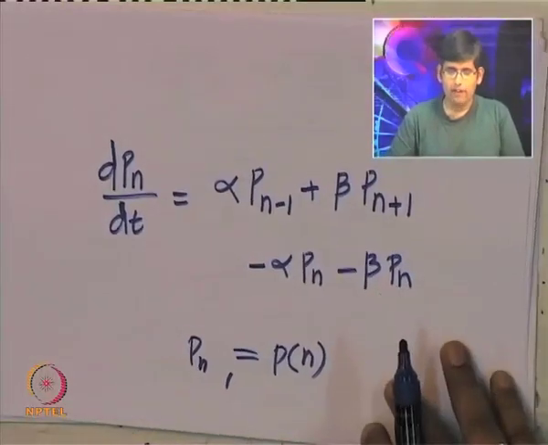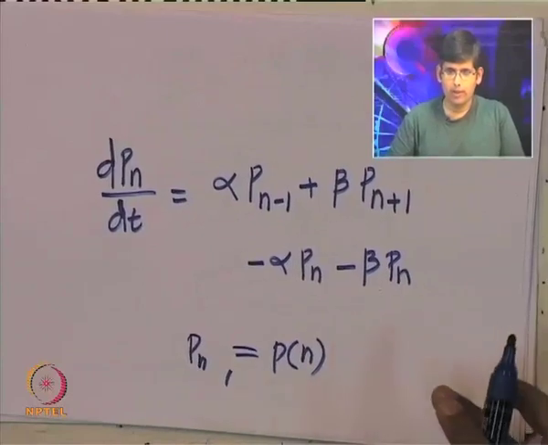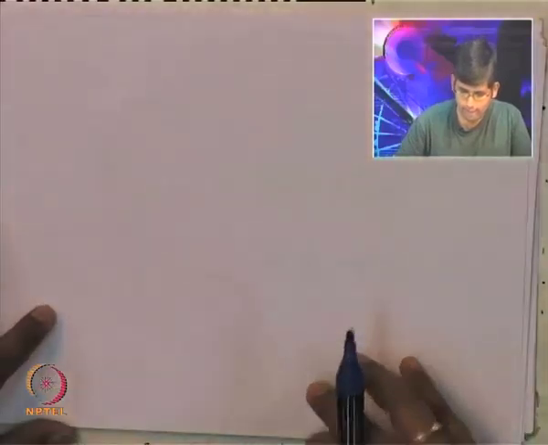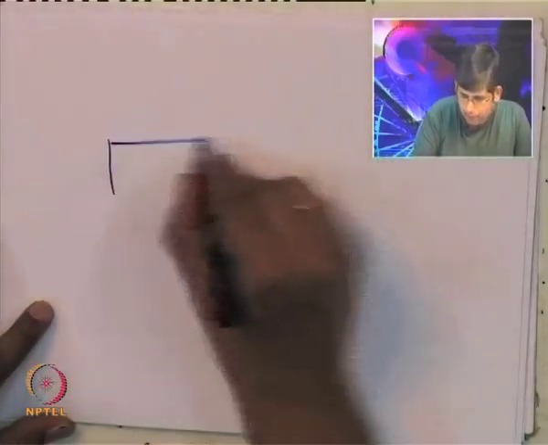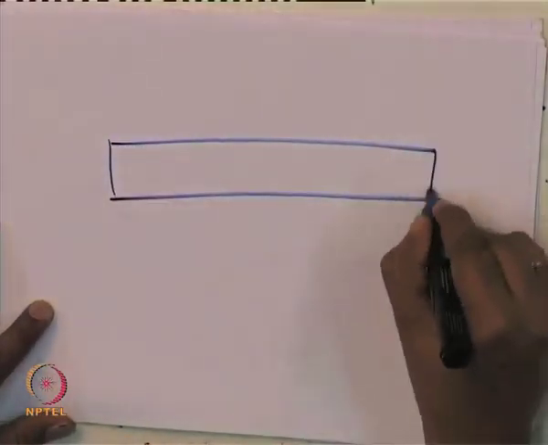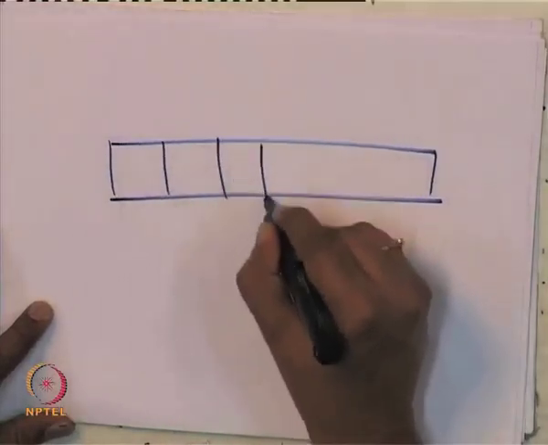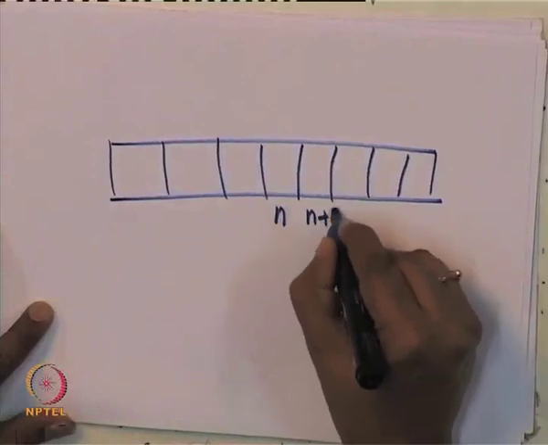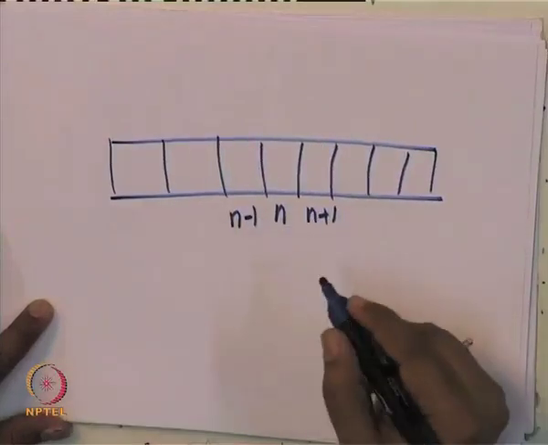Same thing can be said of molecular motors. If you find a molecular motor at a particular position n, so this is n, this is n plus 1, this is n minus 1.